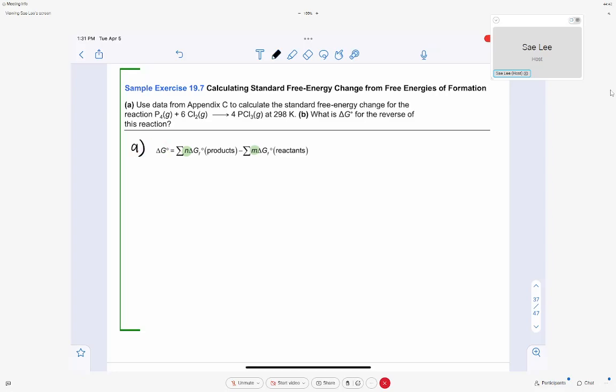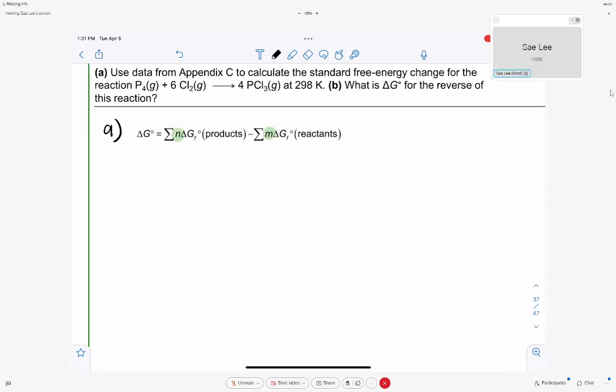These free energy values of the reactants and products are listed in Appendix C. So delta G naught of the reaction equals the sum of the free energy of the products minus the sum of the free energy of the reactants.